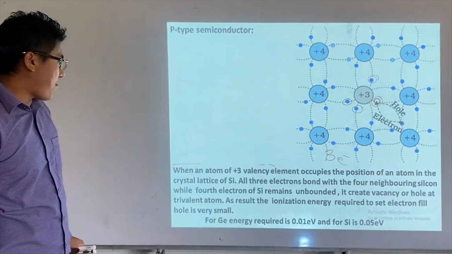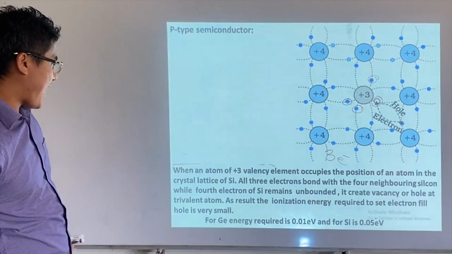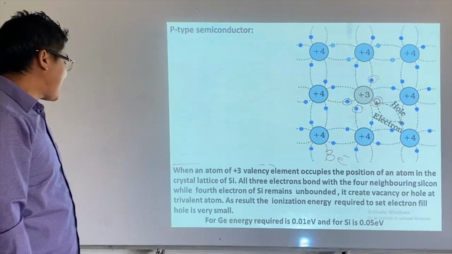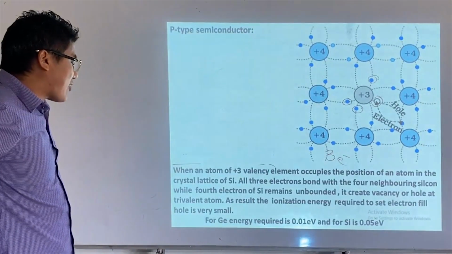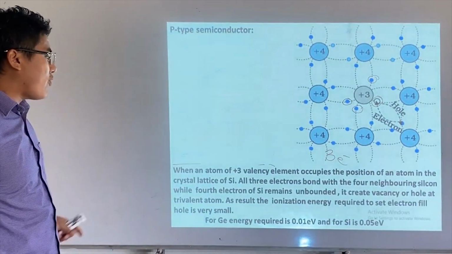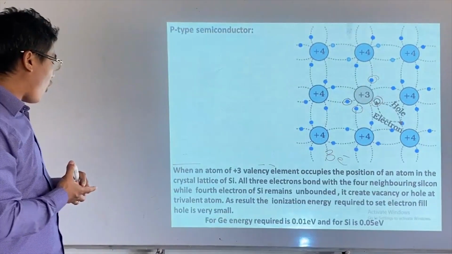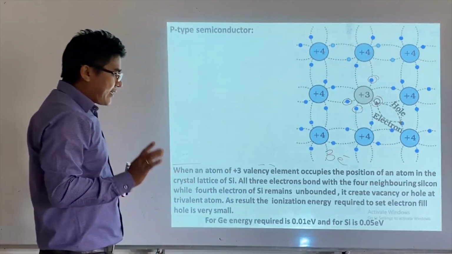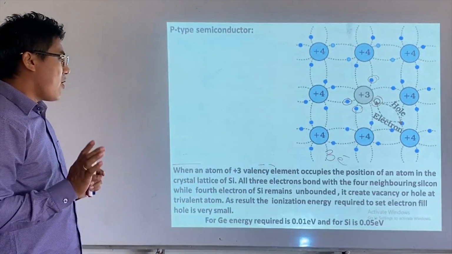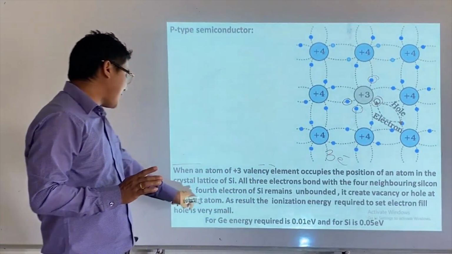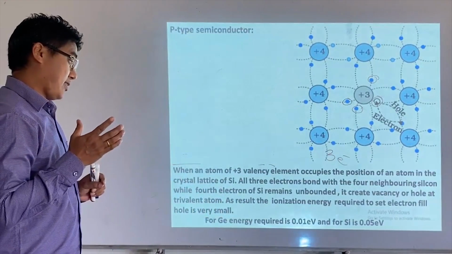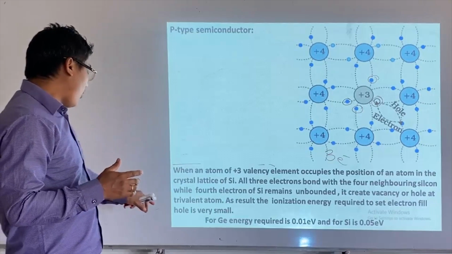When an atom of a +3 valency element occupies a position of an atom in the crystal lattice of silicon, all 3 electrons bond with the neighboring silicon, while the 4th electron of a silicon remains unbonded. This creates a vacancy or hole at the trivalent atom. As a result, the ionization energy required to set an electron to fill the hole is very small.